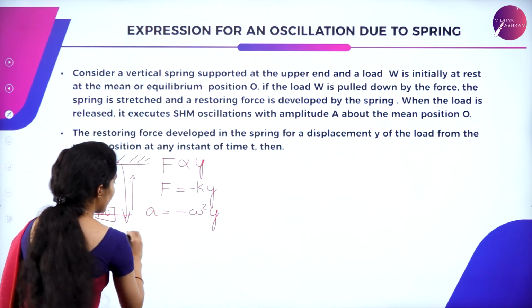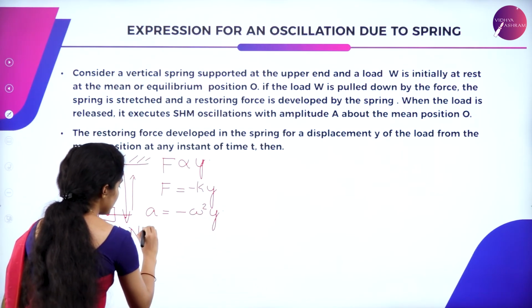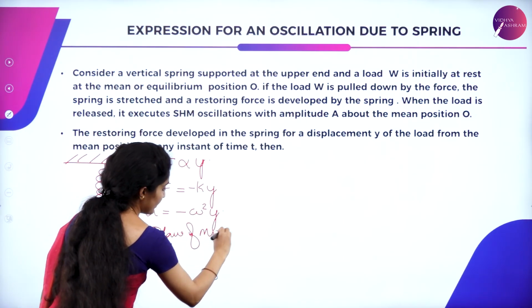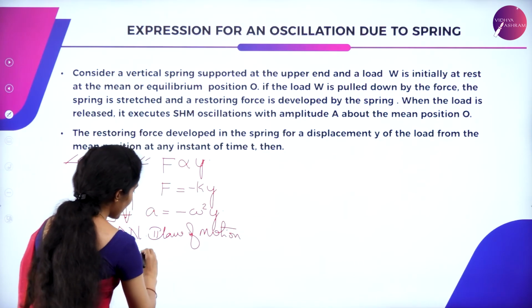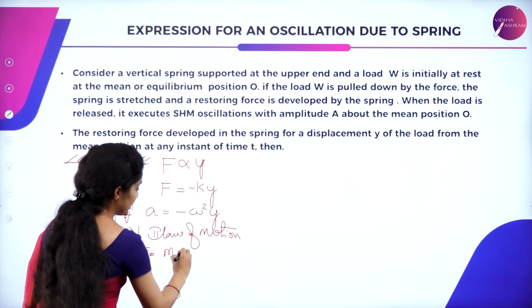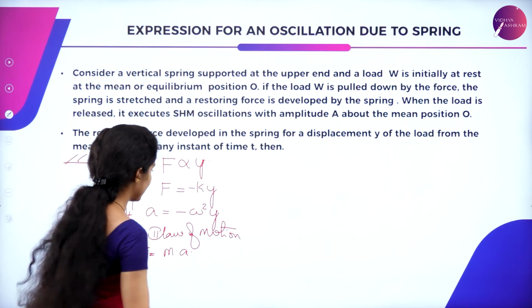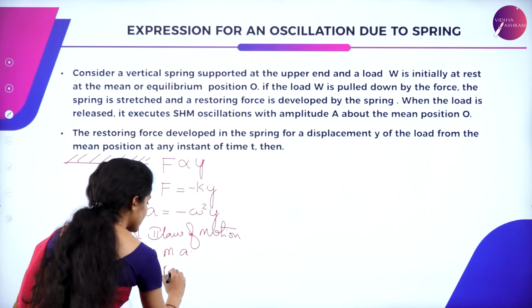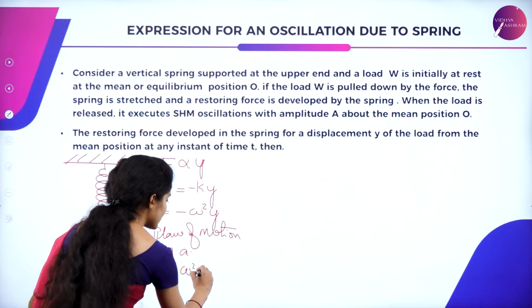Now equating this to Newton's second law of motion, it is nothing but F is equal to m into a, the product of mass and acceleration. So in terms of a, if you substitute this, we have F is equal to minus m omega square y.